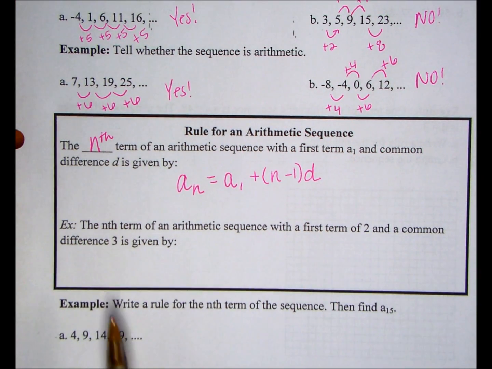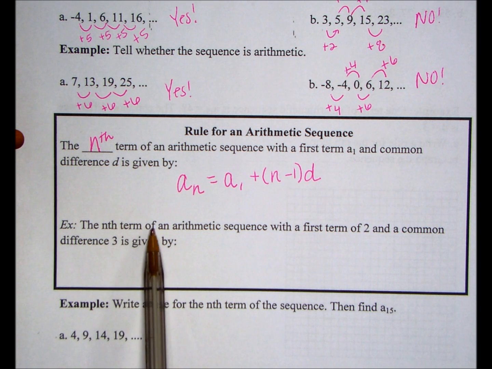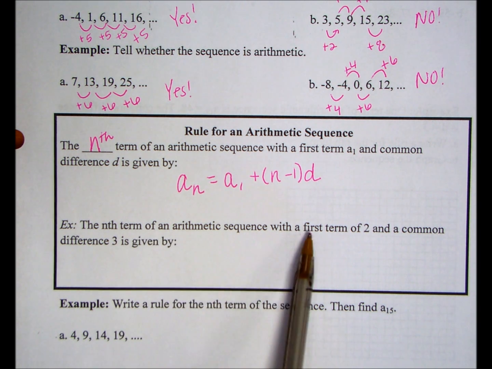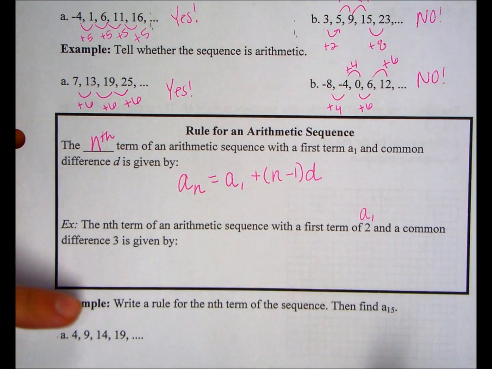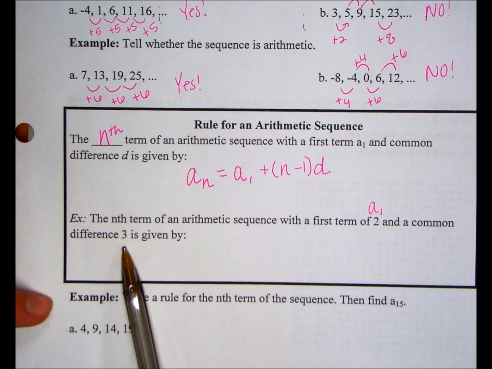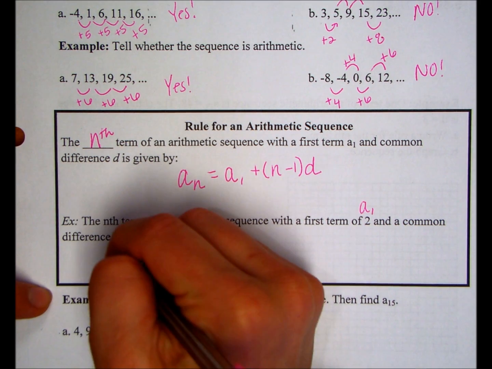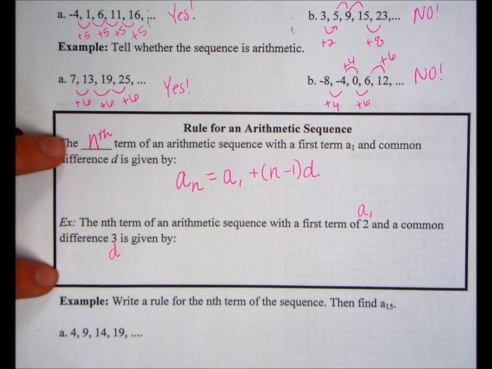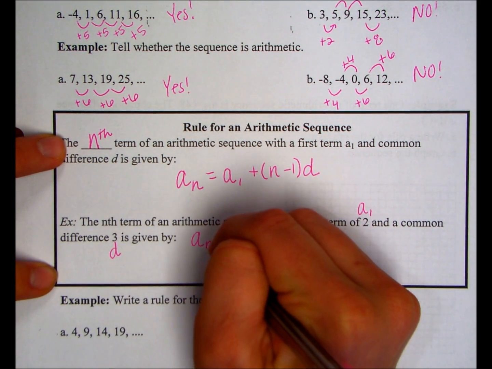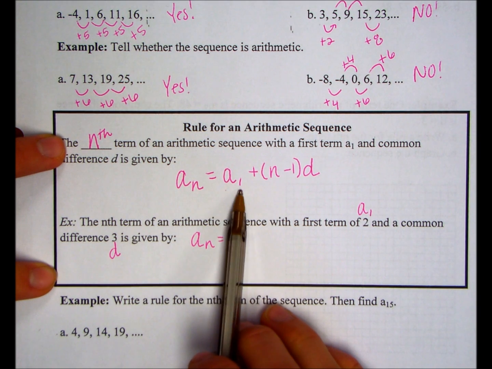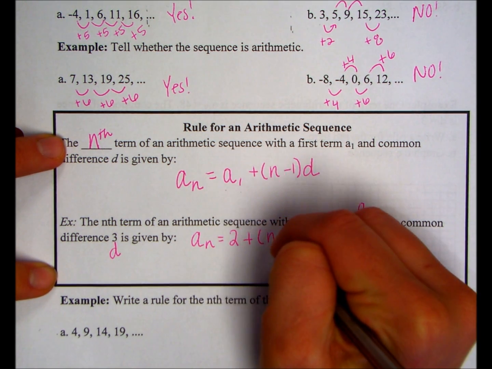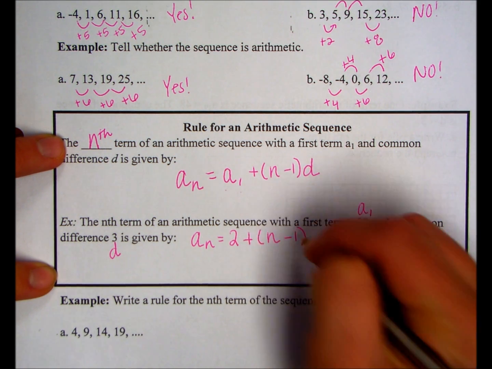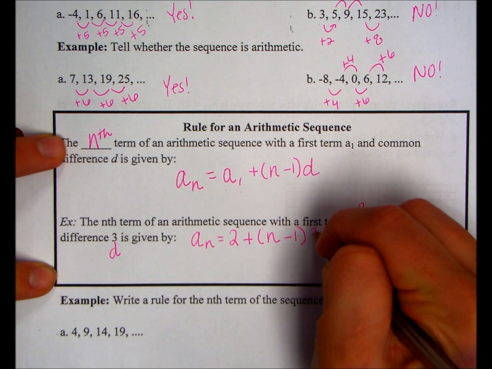So if I look at the example, it says the nth term of an arithmetic sequence with a first term of 2, so this is my a sub 1 here, my first term, and a common difference is 3, so that's the d. So if I was going to write a rule here, it would be a sub n equals a sub 1, my first term is 2, plus n minus 1, and then d is 3.